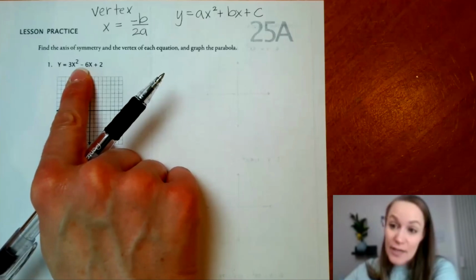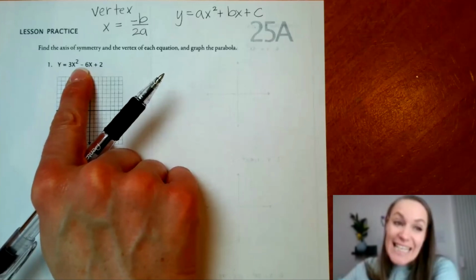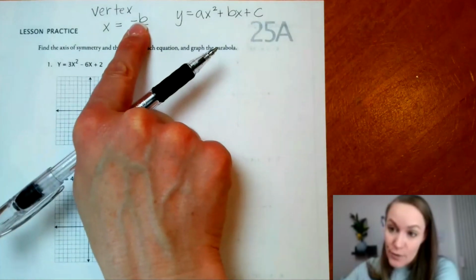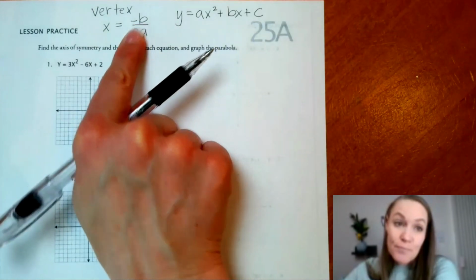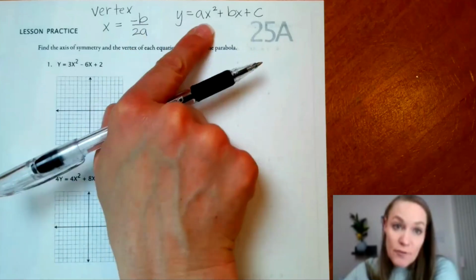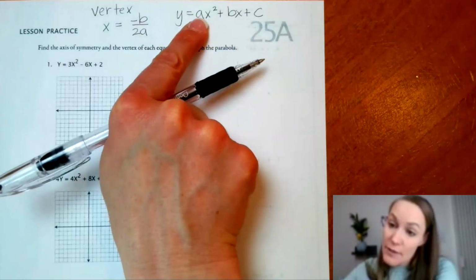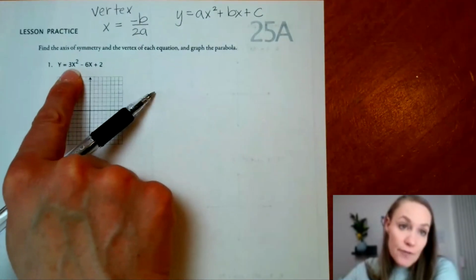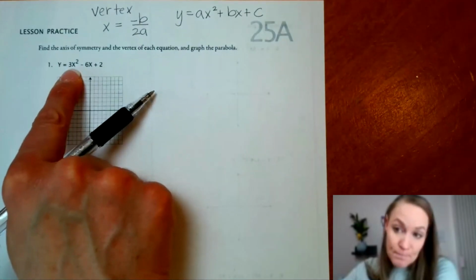Always watch those negatives. So this b value is -6. We need the opposite of our b value, which is +6. And then our a value comes from the coefficient in front of the x squared value. Our coefficient there is 3.